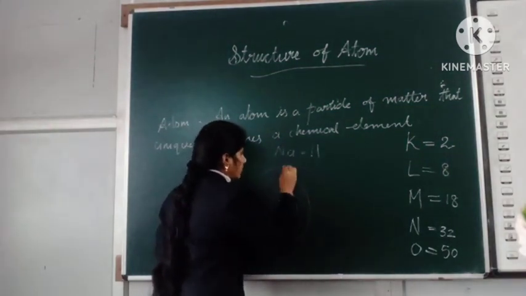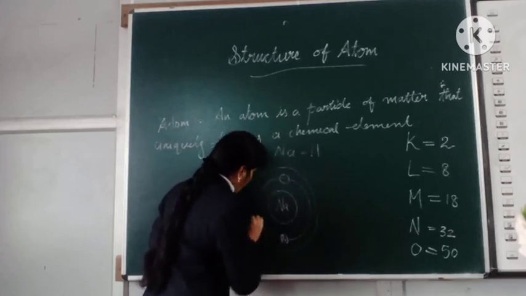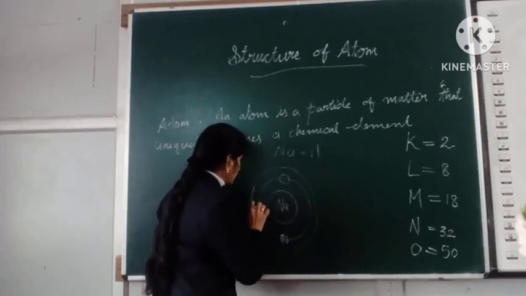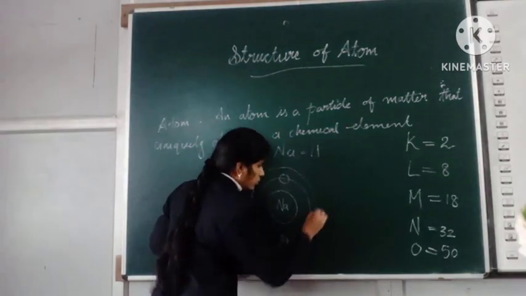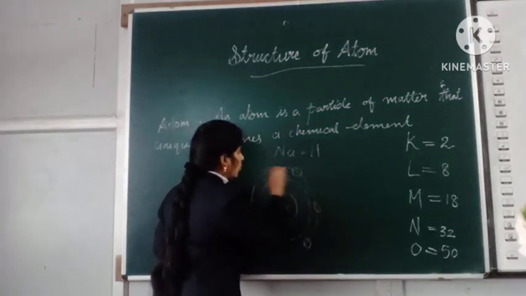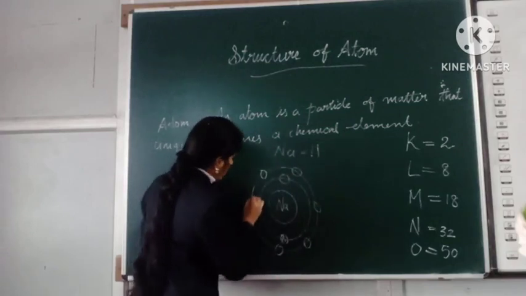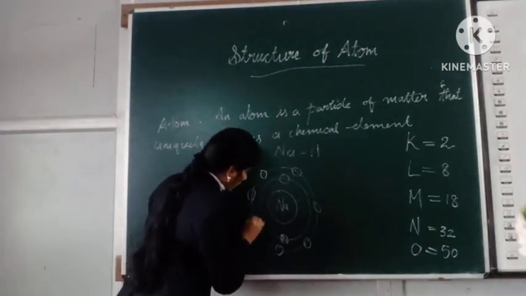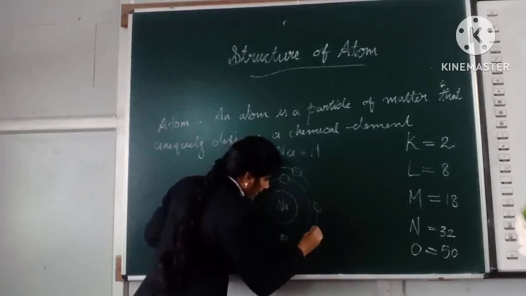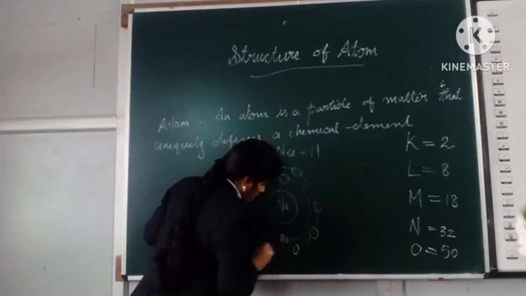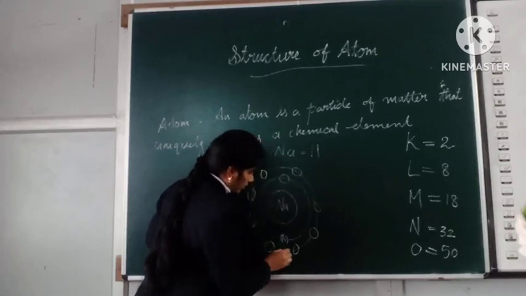The second shell has the capacity for 8 electrons: 1, 2, 3, 4, 5, 6, 7, 8.